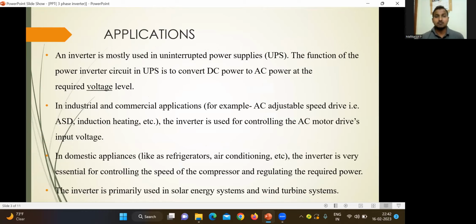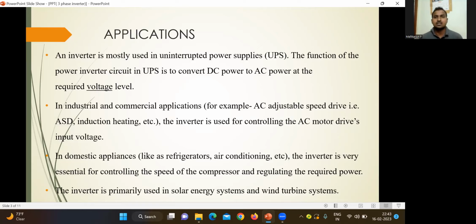The first and major application is uninterruptible power, that is UPS. At the UPS side, because a load is always there. For example, fans on the domestic side or variable speed, you can use the induction motor there, and vehicles are another load.